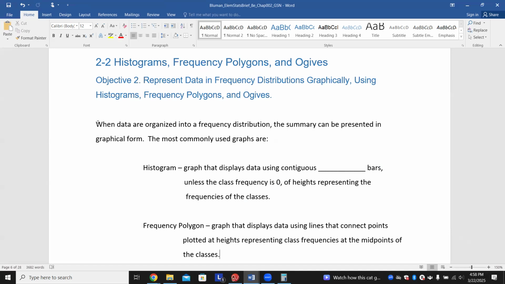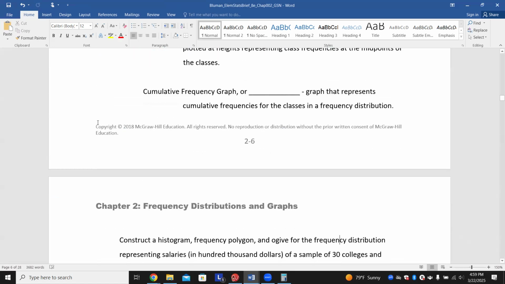When data are organized into a frequency distribution, the summary can be presented in graphical form. The most commonly used are as follows.